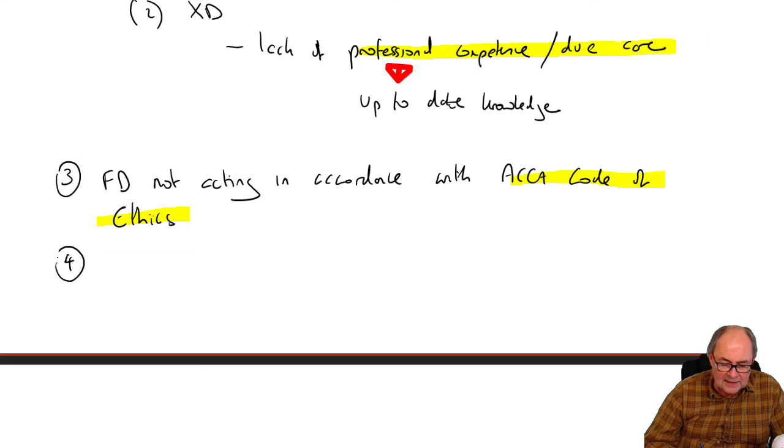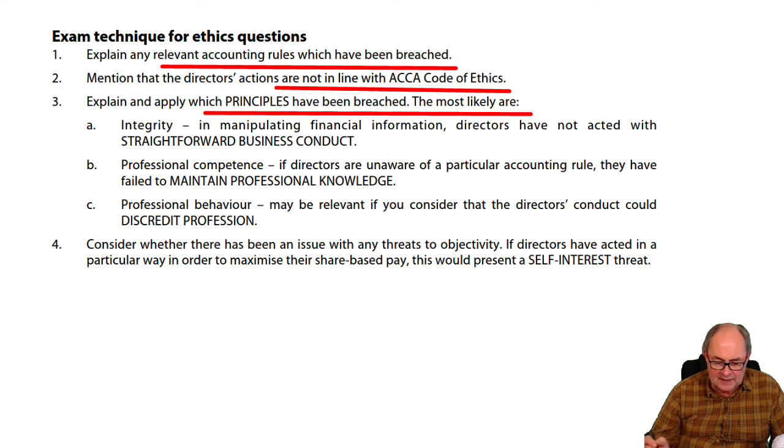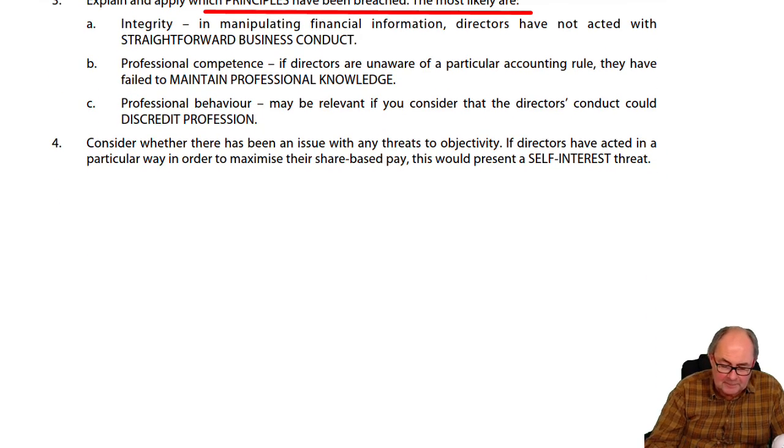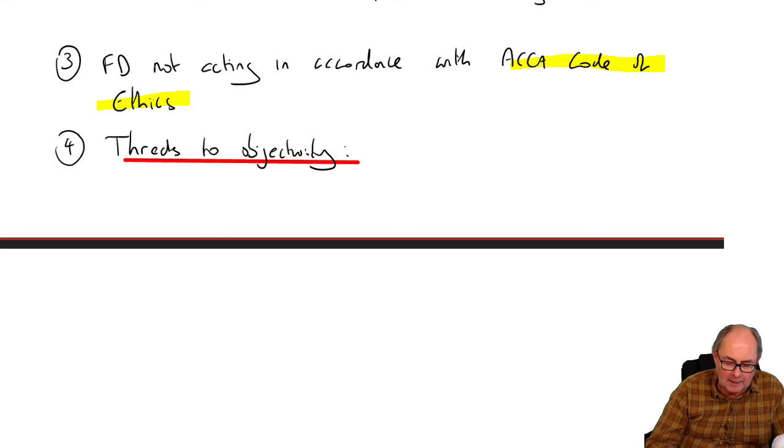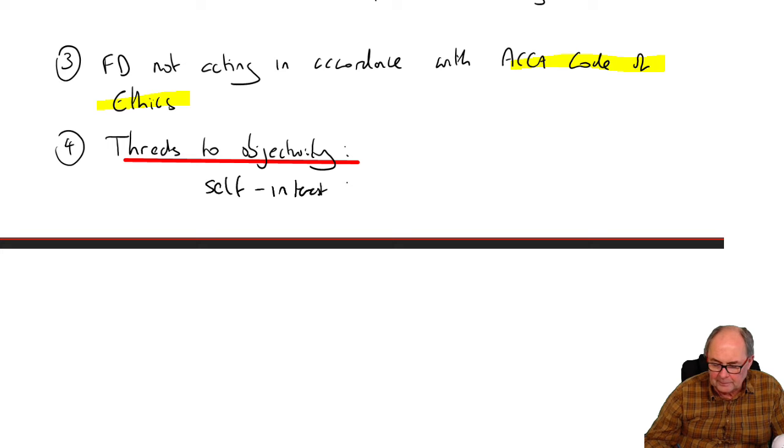Finally, think about any relevant threats to objectivity. And can you see in my scenario the 2 of them? One is, you might be able to link up the self-interest threat because of the profit-related pay.